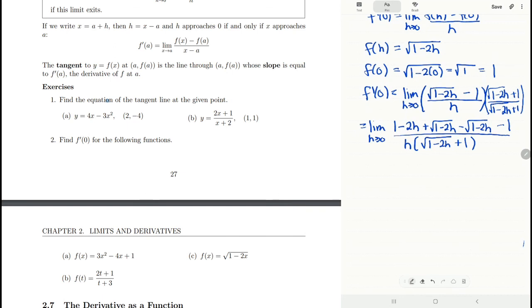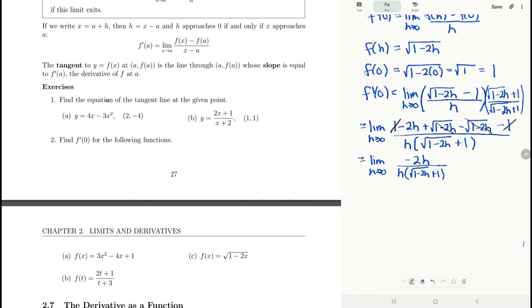So now let's simplify the numerator. The positive 1 and the negative 1 will cancel. The root 1 minus 2h and the negative root 1 minus 2h will cancel. And so the numerator will simplify to a negative 2h all over h times root 1 minus 2h plus 1.